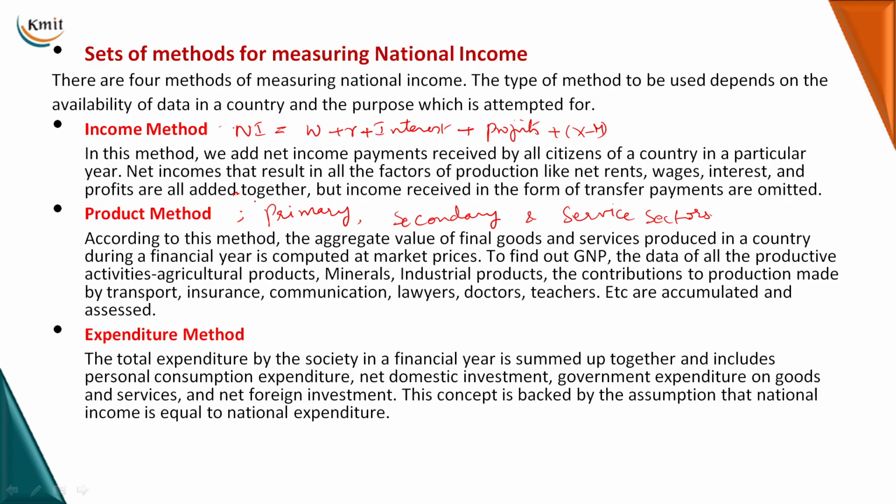Under this expenditure method, we are going to assume national income is equal to C plus investments plus the government expenditure plus X minus M.